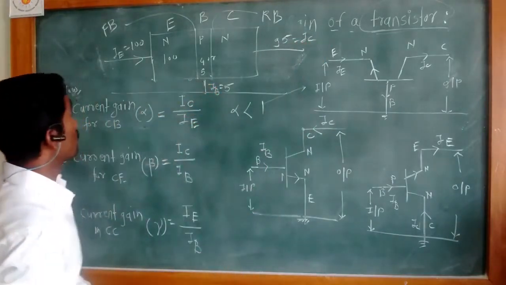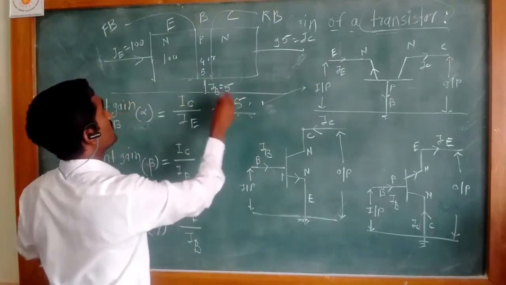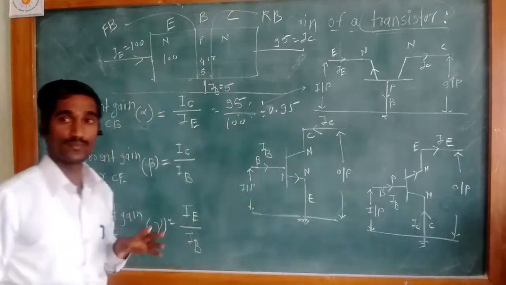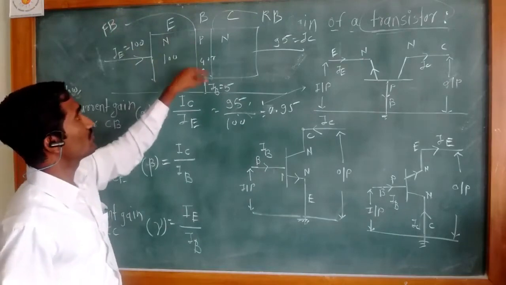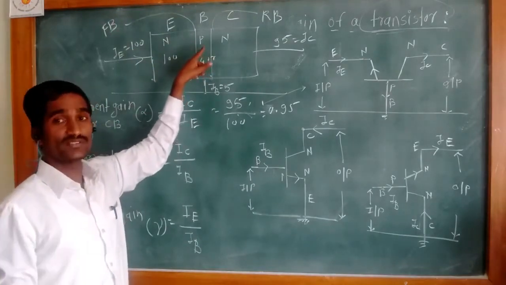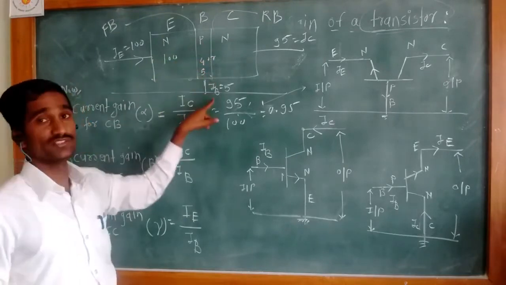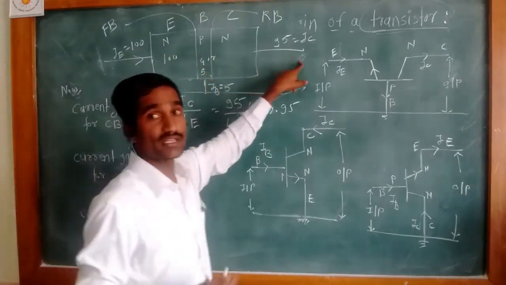If you take the ratio, IC is 95 divided by 100, so we get 0.95. Always remember that whatever electrons come into the emitter, 2, 3 or 5% combine with the holes of the p region and form the base current. The remaining electrons go into the collector and form the collector current.